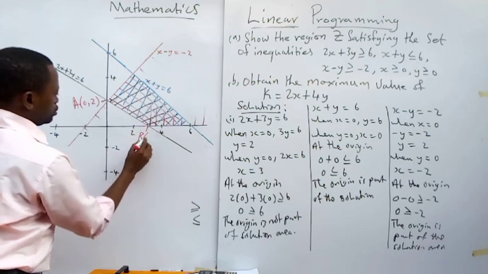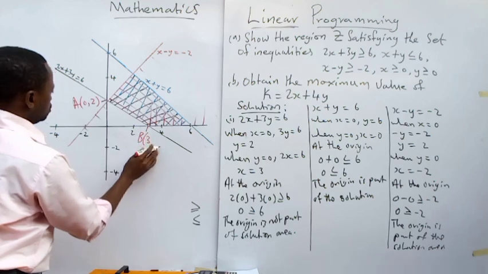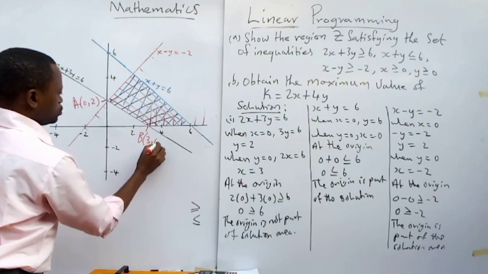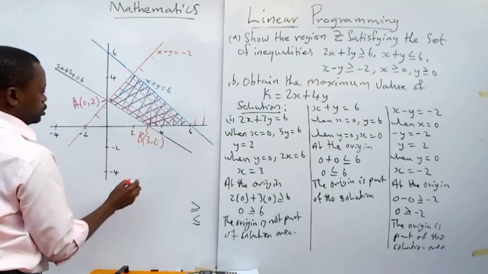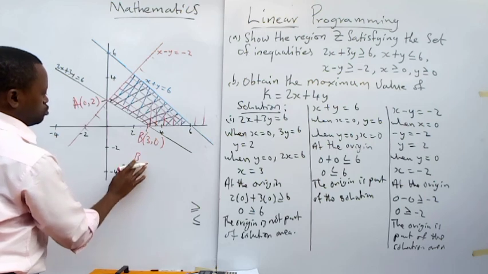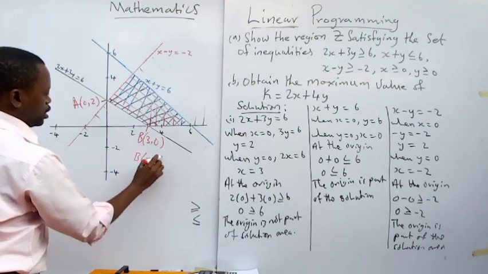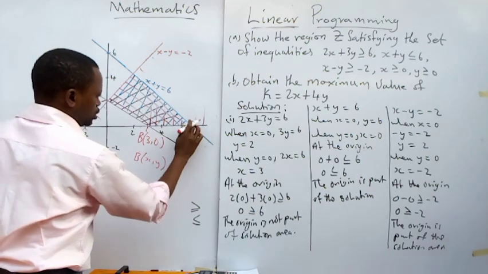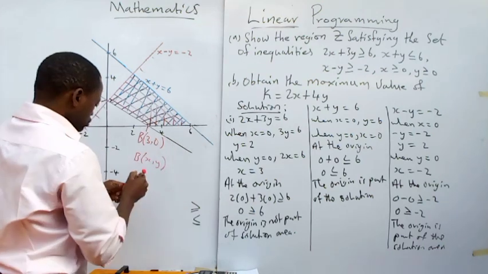Yes, x is 3 and y is 0. Okay, that's how you list it. So at this point, let's check what is going on here.